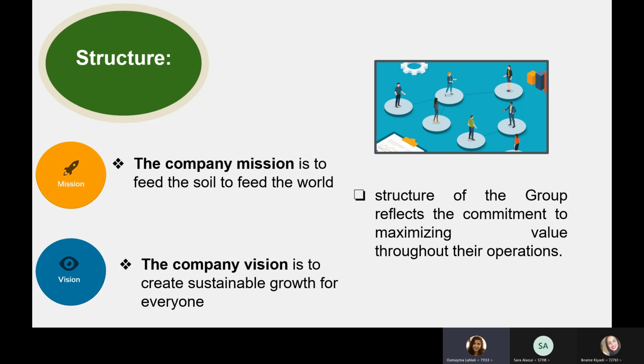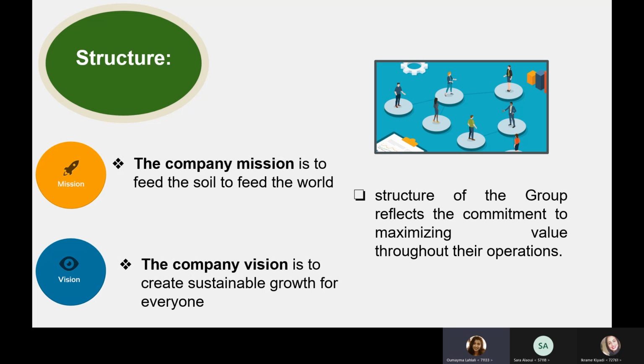This task begins with the development of phosphate-based products to satisfy the demand and involves identifying the key requirements of soils and crops and encouraging the sustainable use of fertilizer by farmers. For the company vision statement, "Sustainable growth for everyone" is the company vision statement. At OCP, they recognize how connected everything is. They are the largest supplier of phosphorus products in the world.